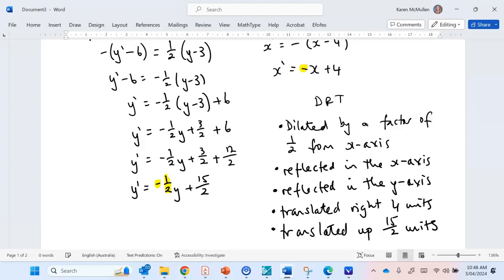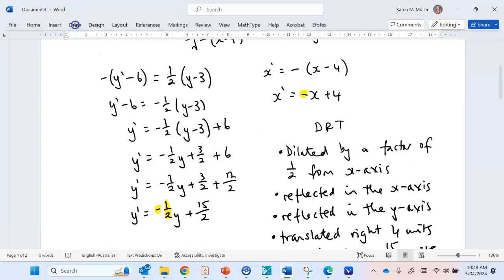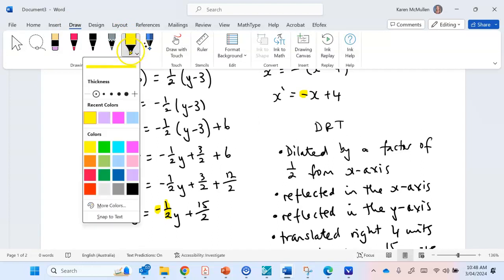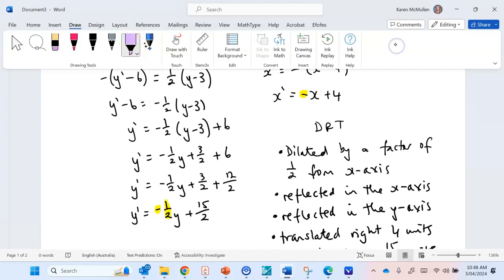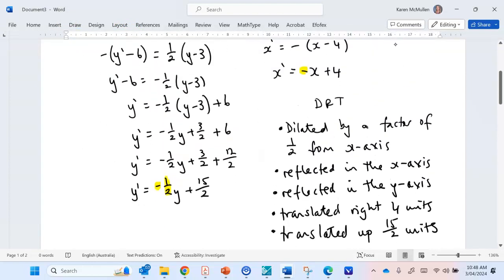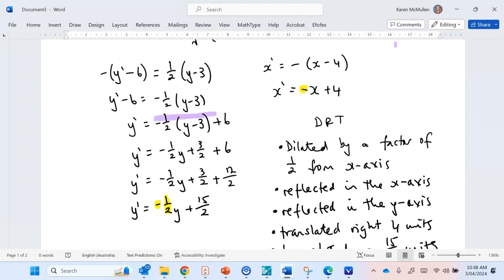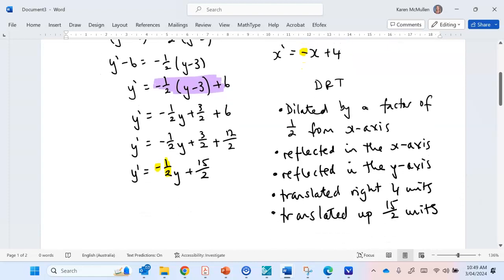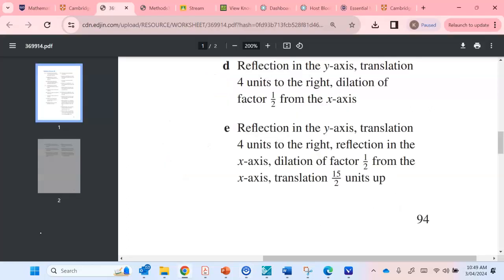Now, if you kept your, let me just highlight it in a different color. If you kept it here and here, you would read the translations first. When you've expanded, we're reading it in DRT. Again, it's done the reflection first before the dilation.